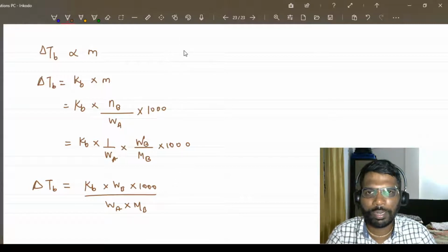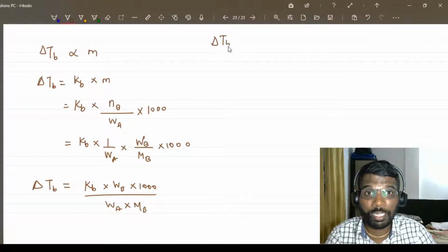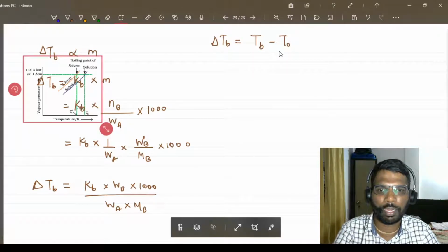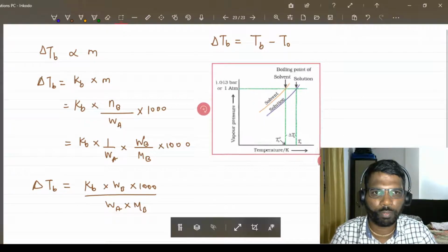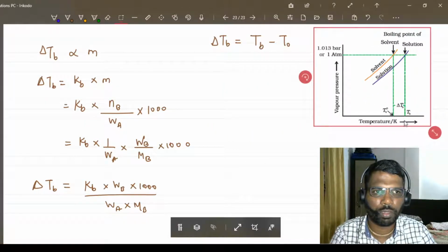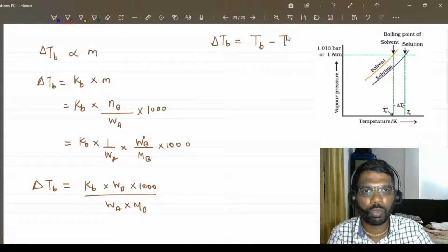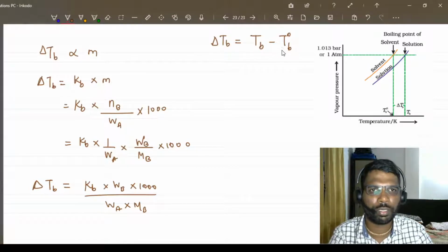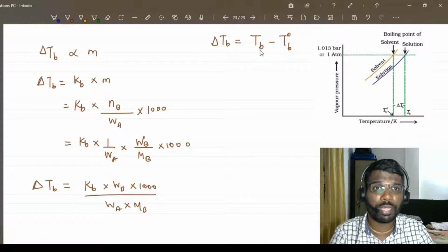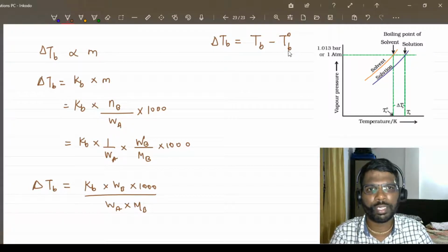First, we need to find the delta TB. Delta TB is equal to TB minus T naught B, higher minus lower, if I refer to this graph. We know that T naught B, pure, is 100 degrees Celsius or 373.15 Kelvin.